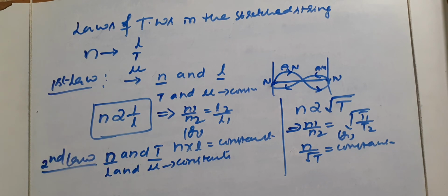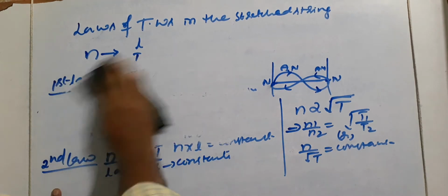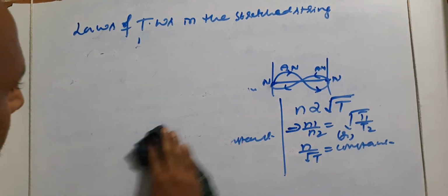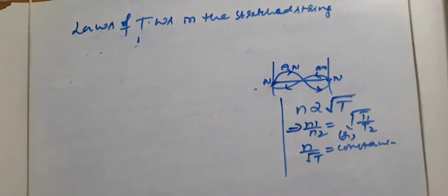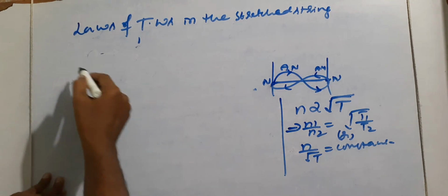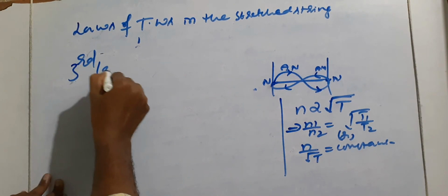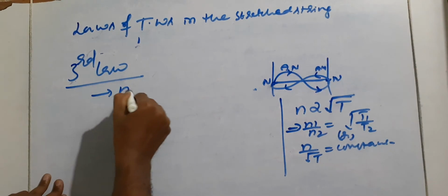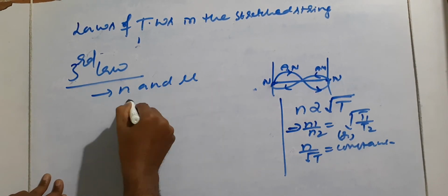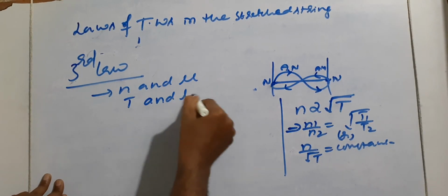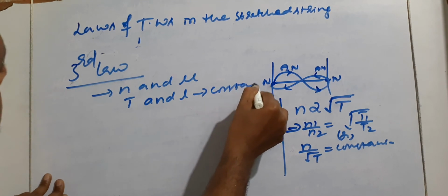Now, what about the third law? The third law explains the relation between N and linear density for T and L constant.